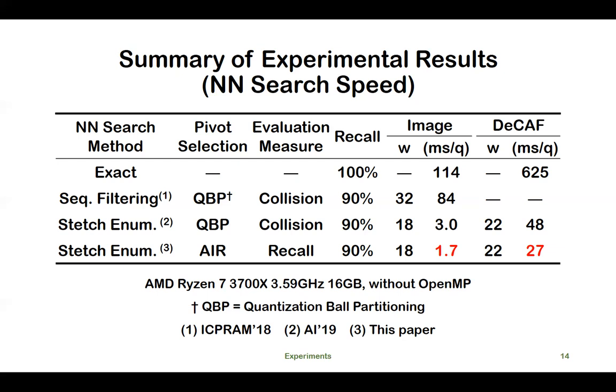In filtering by sketch enumeration using narrow sketches, even the ones obtained by QBP speed up the search to 3 milliseconds and 47 milliseconds respectively. The last line is the search using the pivot that was selected to maximize the recall by AIR, proposed in this paper. The search speed is almost doubled.